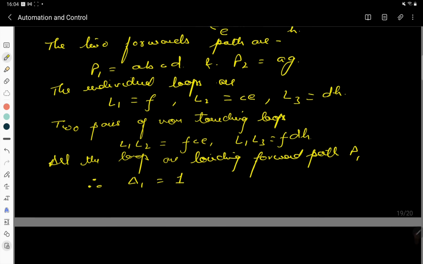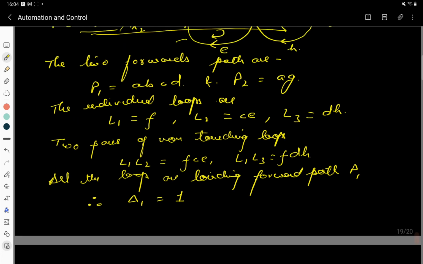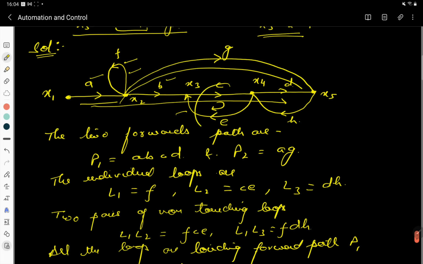Now next, consider the loop L2, which has CE in itself. Here you can see this loop, CE. This loop is not touching the second forward path.